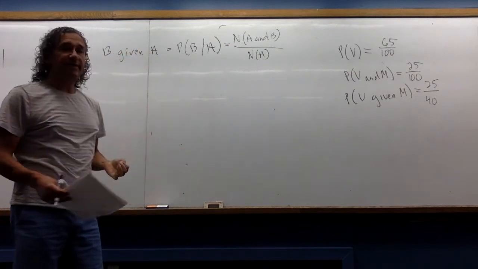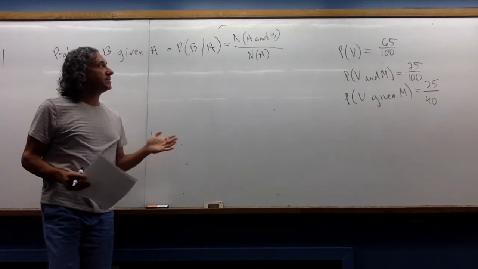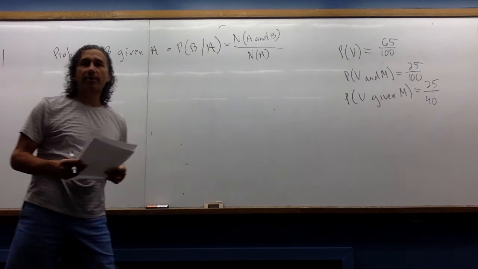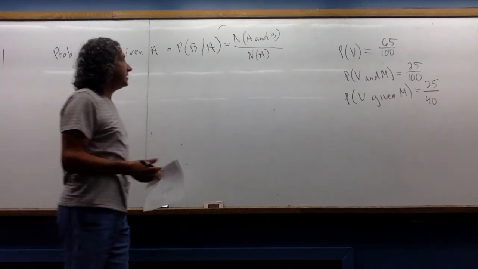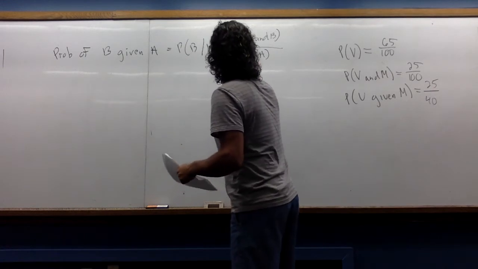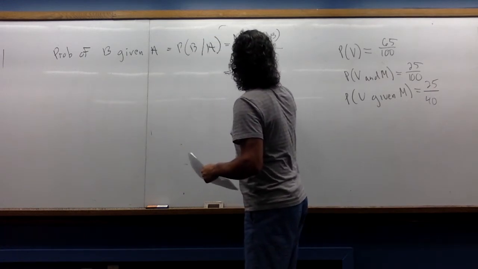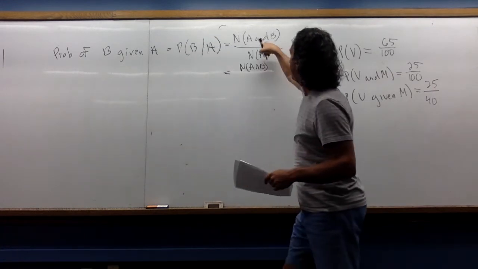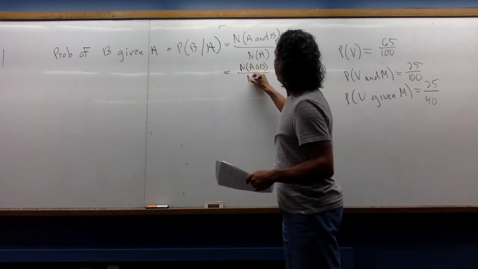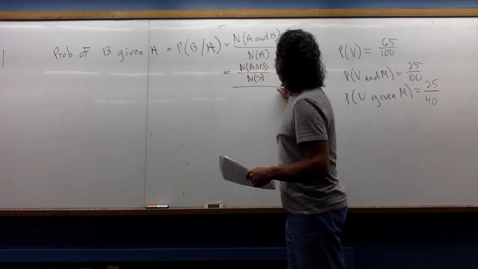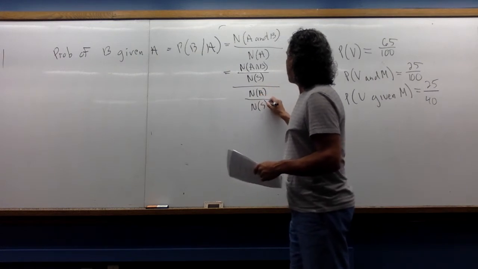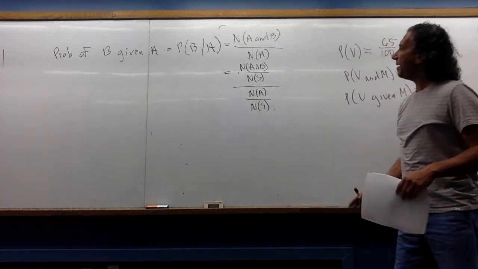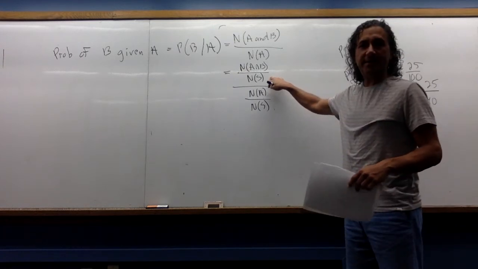That's fine as a definition, and we're going to think about it this way when we do problems. But another way to think about it is to clean up the notation and divide top and bottom by the size of my sample space.